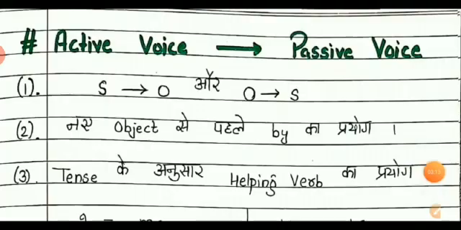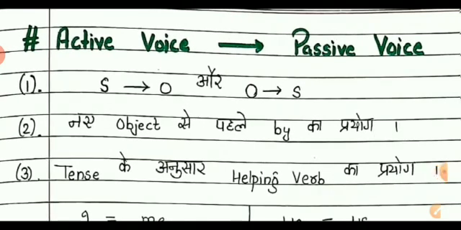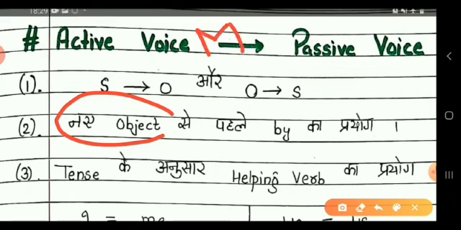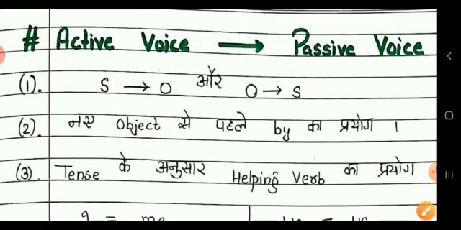Now, active to passive voice. Three important things we have to understand. Subject will convert into object and object will convert into subject. Second thing, we have to use "by" before the object that we are using in the passive voice, that was the subject in active. Clear? So we have to use "by" with that particular object.